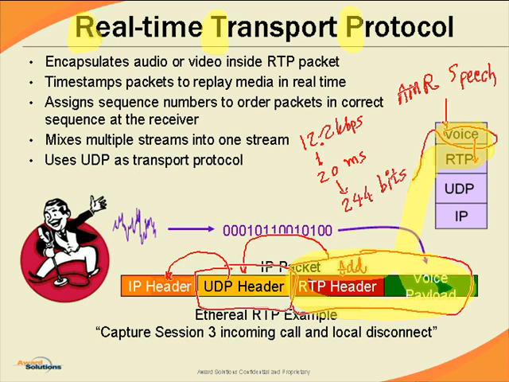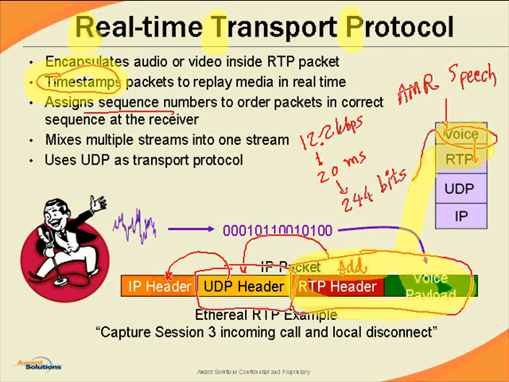After some time we'll get another packet, after some time another packet. So we need to play back all those voice over IP packets. To help us do that, we have several things. We have timestamps, so we make sure that we play back voice periodically, and sequence numbers, so we can put them back in order.